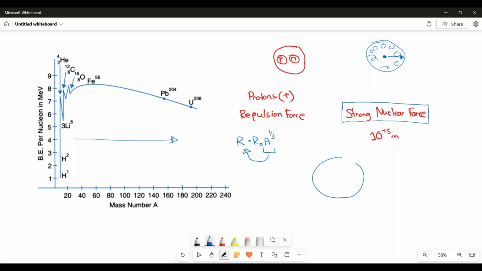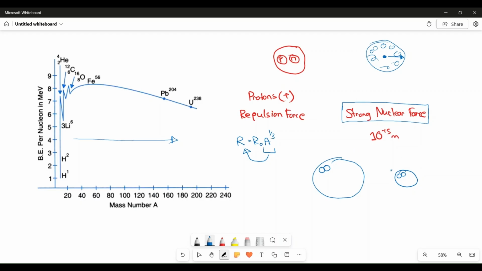Suppose this is a big nucleus and this is a small nucleus, and we have two nucleons in contact here and two nucleons in contact here. The strong nuclear force comes into action only when two nucleons are in contact.